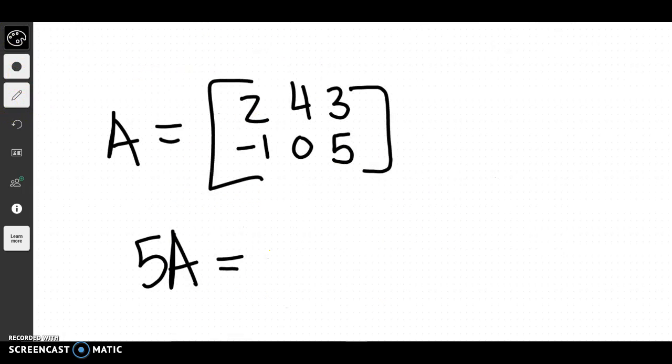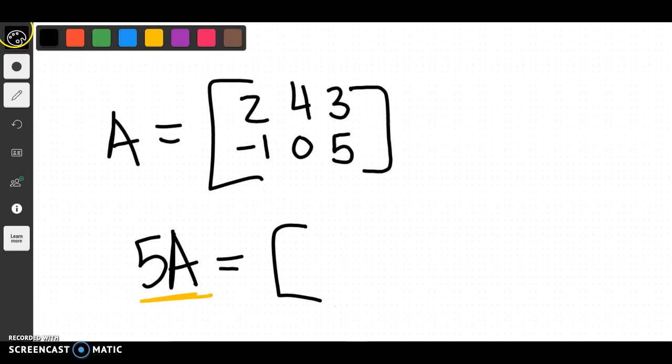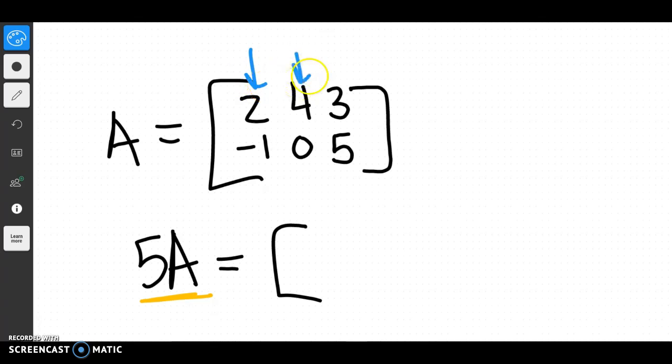Let's talk about scaling. Scaling is not used to multiply matrices, but to increase the size of the matrices by multiplication. So this isn't matrix multiplication, but it is increasing the size of the matrix. When we scale something like 5A, what we want to do is take every element in here and times it by 5.